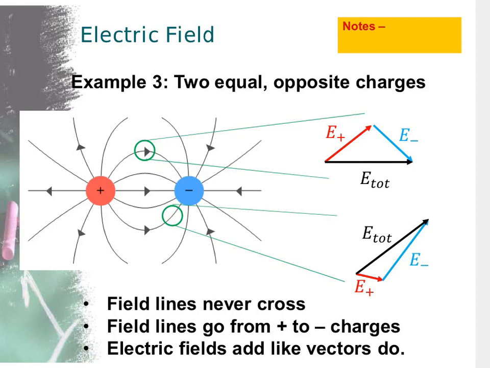Okay? Field lines always go from positive to negative charges, right? Because if we have a little positive test charge, it will be repelled from this large positive charge, but then eventually as it goes out here, it's going to start getting attracted to this negative charge, and it will move right down here to the negative charge.